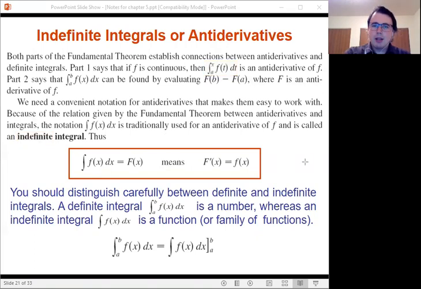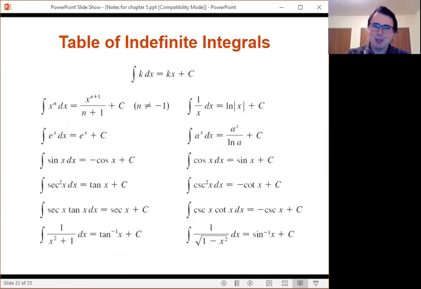Now, as I was saying, the more antiderivatives we know, or the more indefinite integrals we know, the more areas we can compute. Every one of these formulas is a derivative formula, but turned on its head.